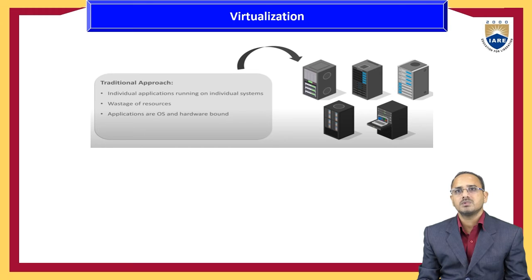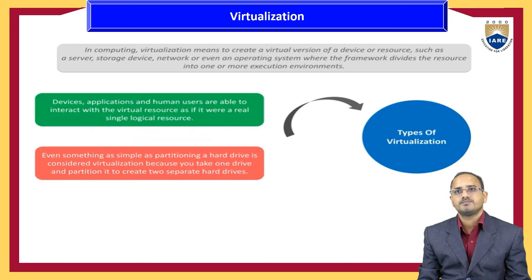In order to overcome that, we have specialized software called Hypervisor software, which makes virtualization happen, where the wastage of resources will not happen, and applications and OS can be installed simultaneously on a single physical machine, so that virtualization happens easily, the resources are effectively utilized, and the cost also comes down.